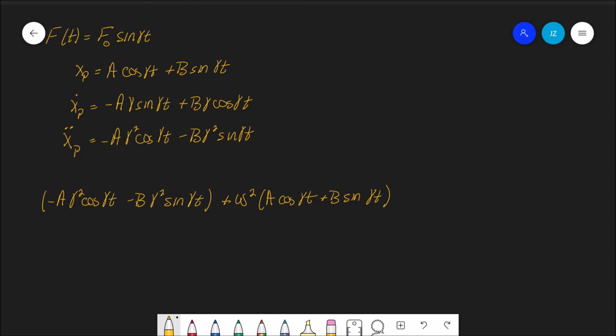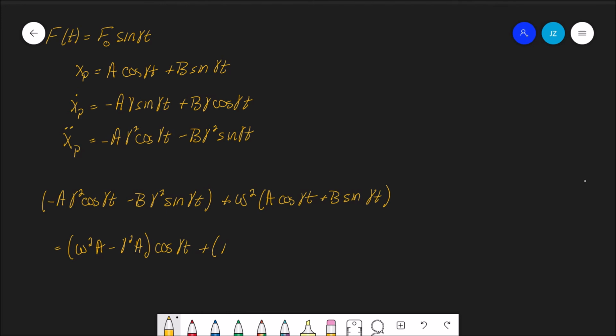We want to simplify this. So this equals, bring all of our cosine terms together. We'll get (omega squared a minus gamma squared a) cosine of gamma t, plus now our sine terms.